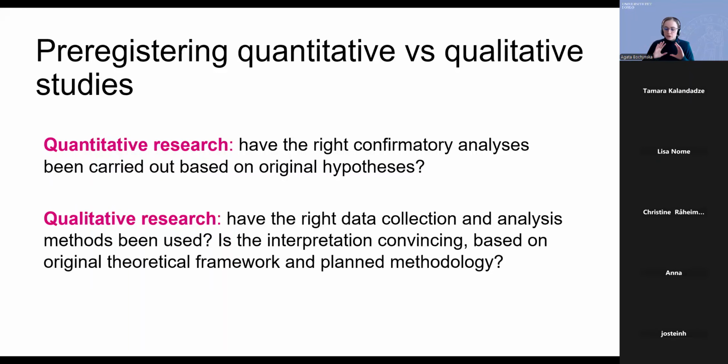For qualitative research, we're a bit more in the mind space of, have the right data collection and analysis methods been used when we compare the original pre-registration to the final manuscript? Is the interpretation convincing based on the original theoretical framework and planned methodology?